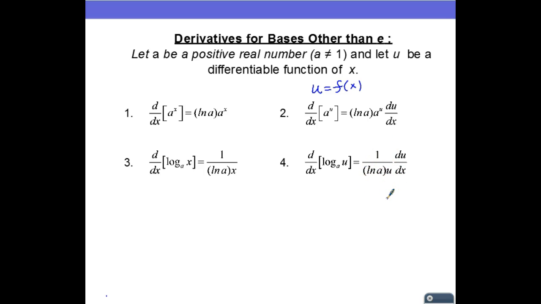That would be the original function without doing anything to it. But then we would need to multiply, again via the chain rule, by the derivative of u with respect to x. So we would need to take that f of x and differentiate it. This would be like multiplying by u prime. And so again, that's just the chain rule applied to this differentiation.